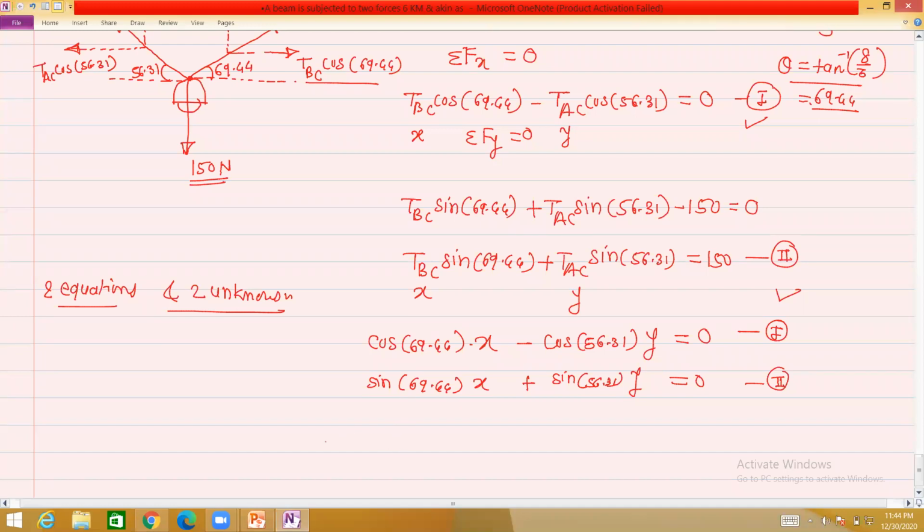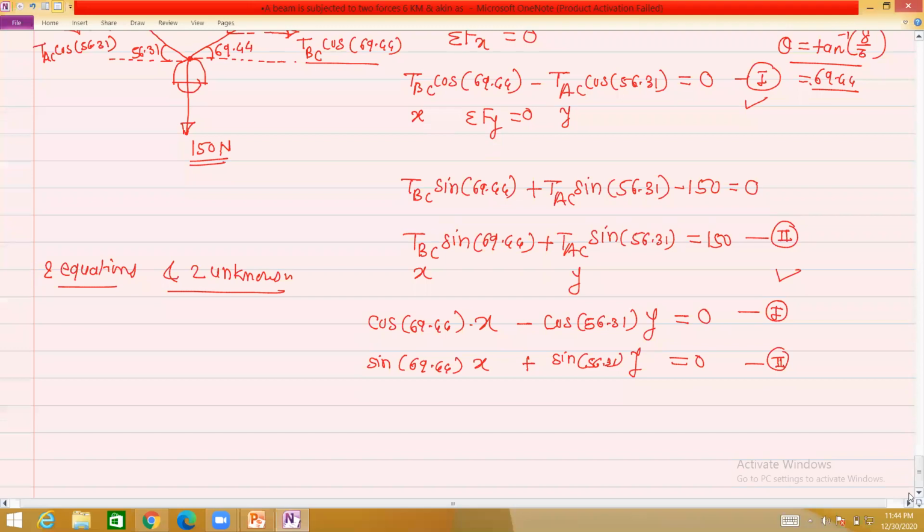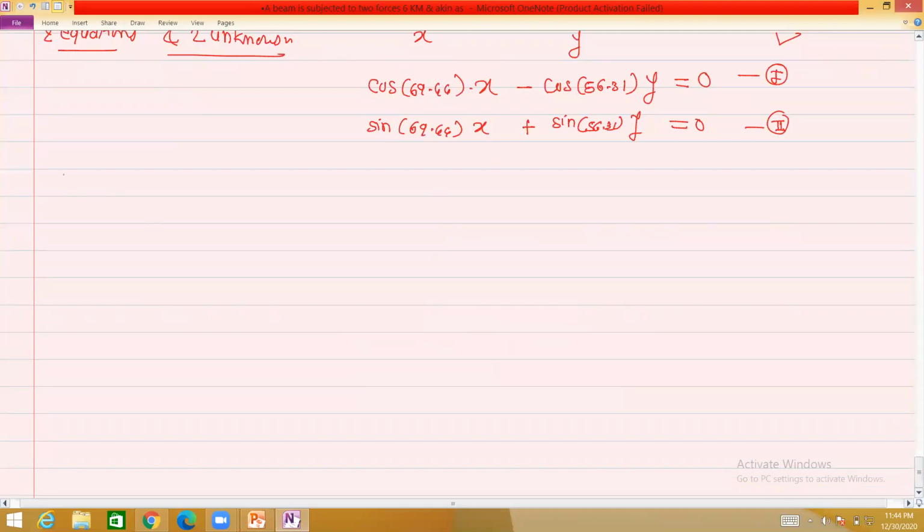If you have a calculator, you can solve this in equation mode. In the calculator, press the mode button.